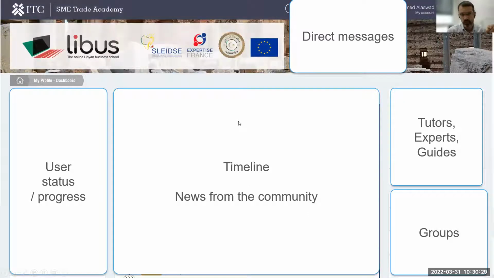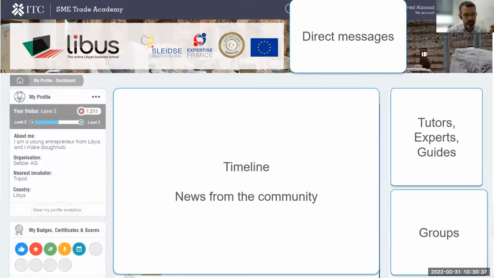So this is the one we did for Libya, where you have a part which is the banner with the partners, with the owners and the branding. This is an area which is about the dashboard of a learner who sees the progress in his or her learning path. So you can see below the badges and certificates to the courses that the person has attended.